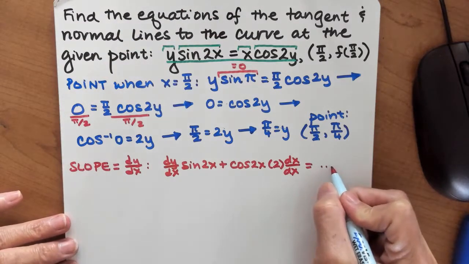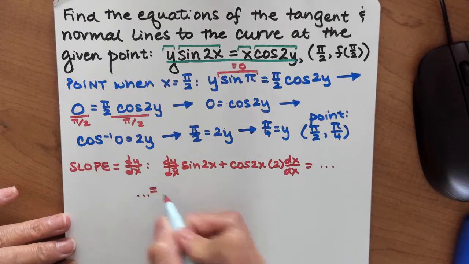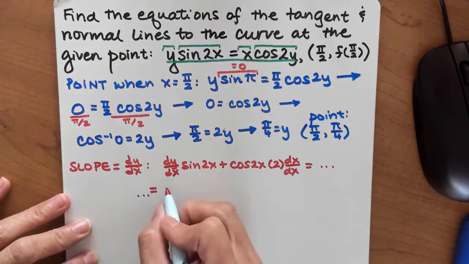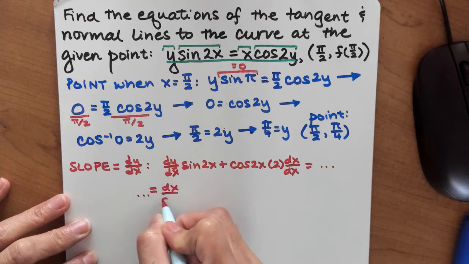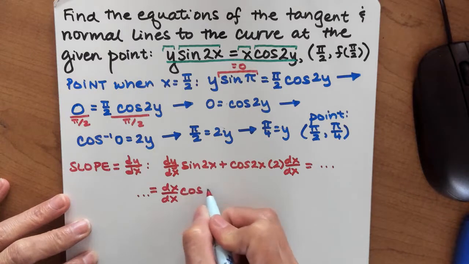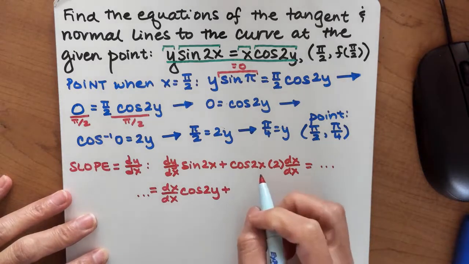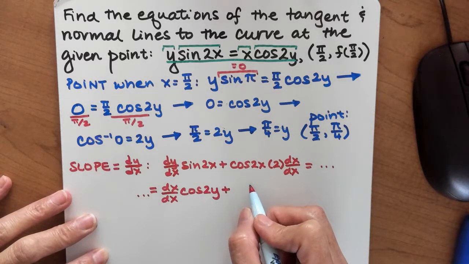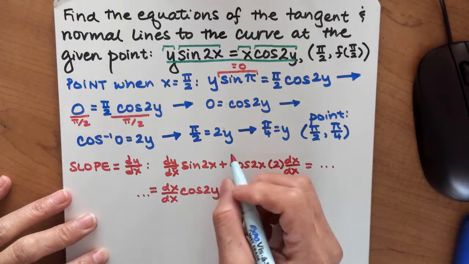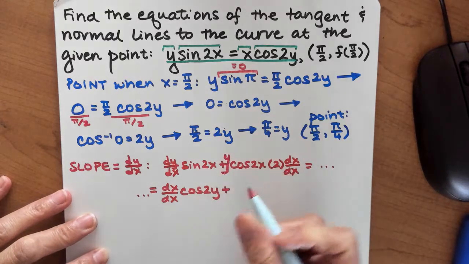Well, looks like I'm going to run out of room here, so I'm going to do the right side of the equation down here. So the derivative of x is 1 dx dx times cosine 2y. I'm not touching that. This is the first half of the product rule. Plus x, oh, you know what I forgot here? I forgot my y. I'm going to squeeze a y in here in my product rule.